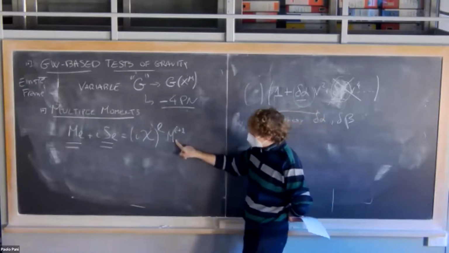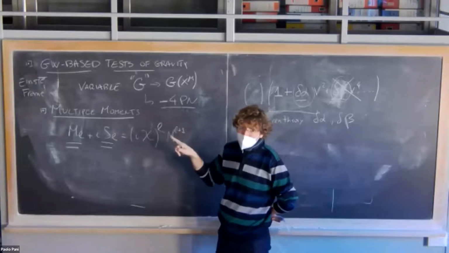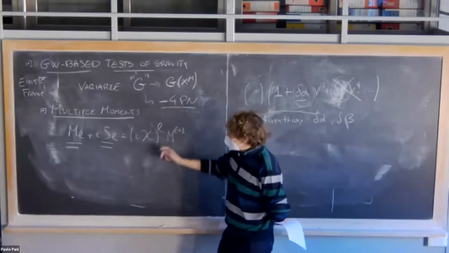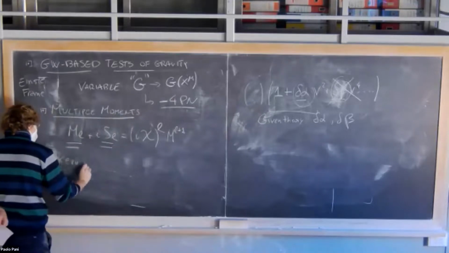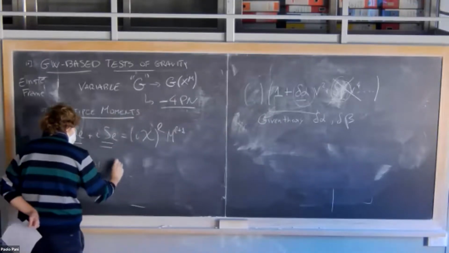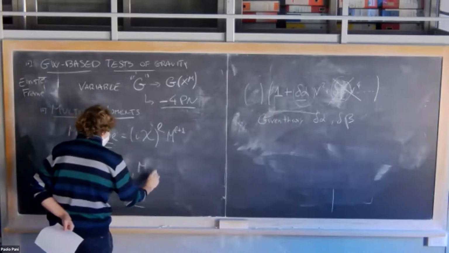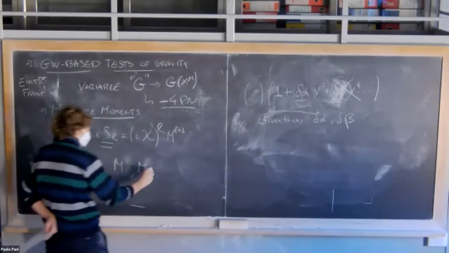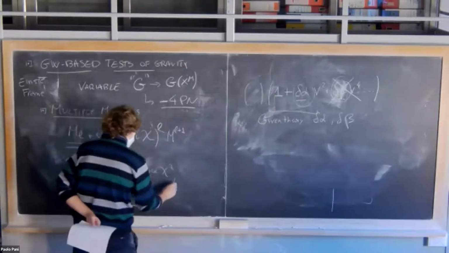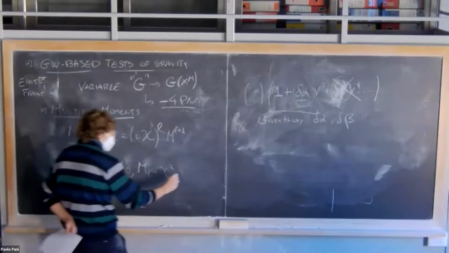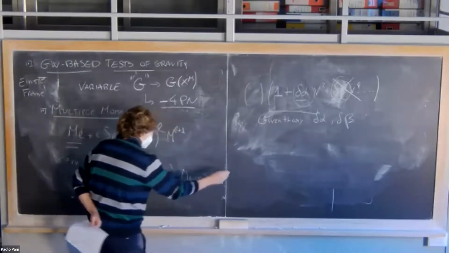Here M is the mass of the spacetime, chi is the dimensionless angular momentum. So this tells us, for example, that for a Kerr black hole, we have M0, which is just the mass, the monopole, M2, which is the quadrupole, and that is proportional to chi squared. We don't have M3, we have M4, proportional to chi to the 4, and so on and so forth.